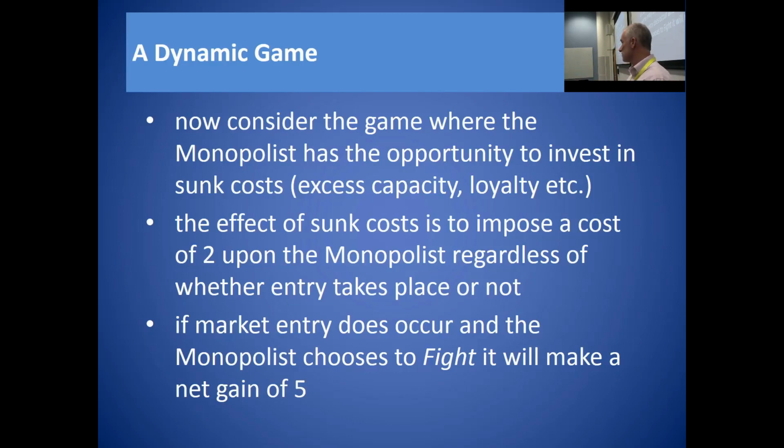It automatically imposes a sunk cost of 2, regardless of whether market entry occurs. But if market entry does occur, and the monopolist chooses to fight, it can nevertheless make a net gain of 5, over and above its sunk cost. So that's the game that we've done, and it changes it ever so slightly.